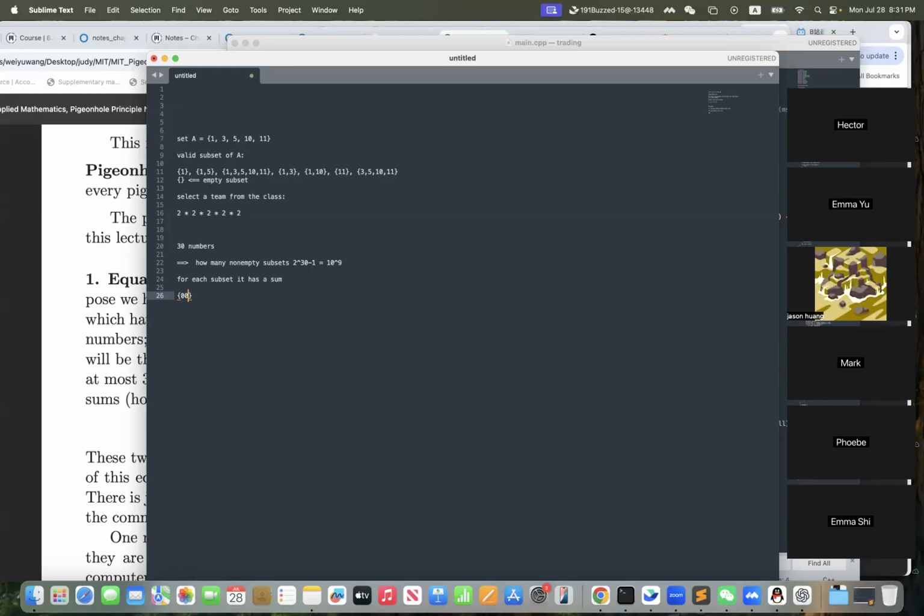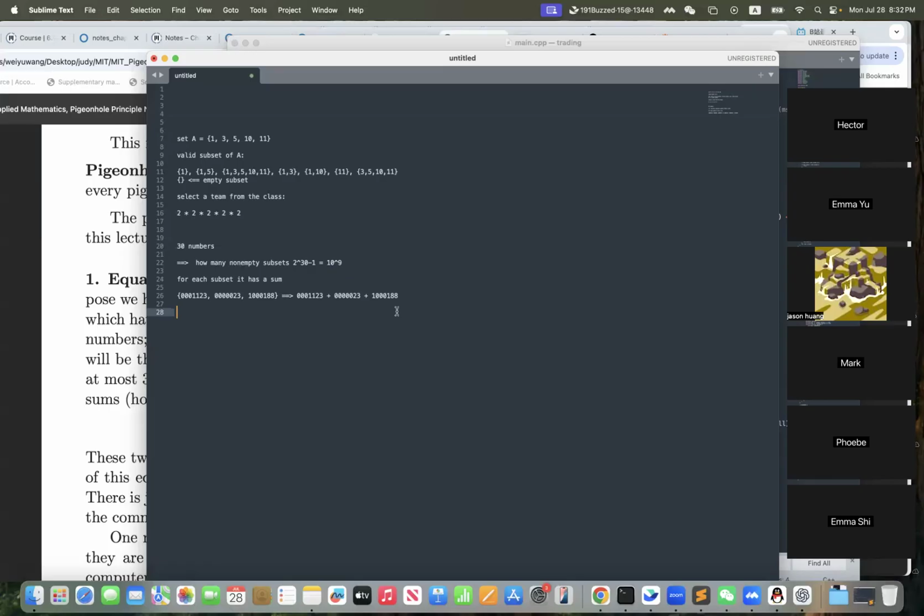Let it be 0001123, 0000050, and 23, and maybe like 1000 1988. Say this is a subset, and this subset has a sum. So what does sum mean? It means this plus this plus this. So each subset has a sum.